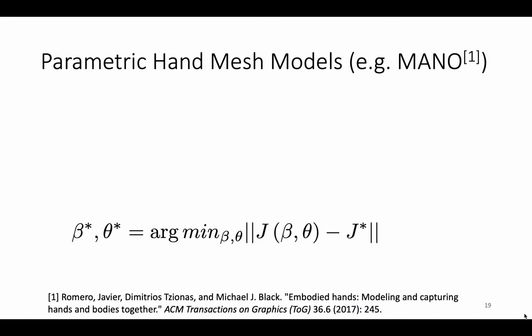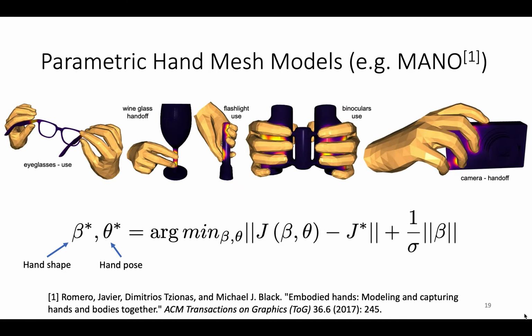Since we are interested in hand-object contact, we estimated embodied hand meshes by fitting MANO models to the 3D joints, by optimizing the hand shape, hand pose, and some regularization on the hand shape. Here are some examples.